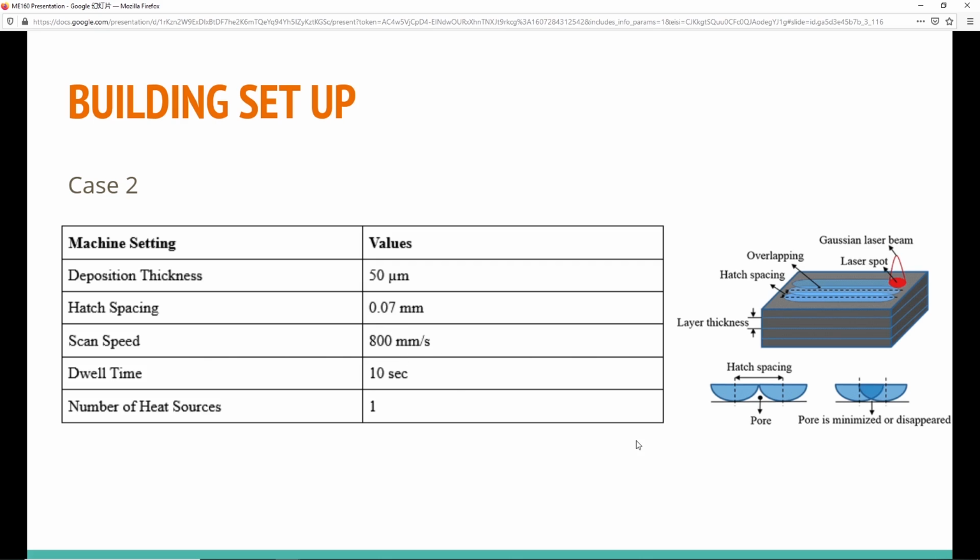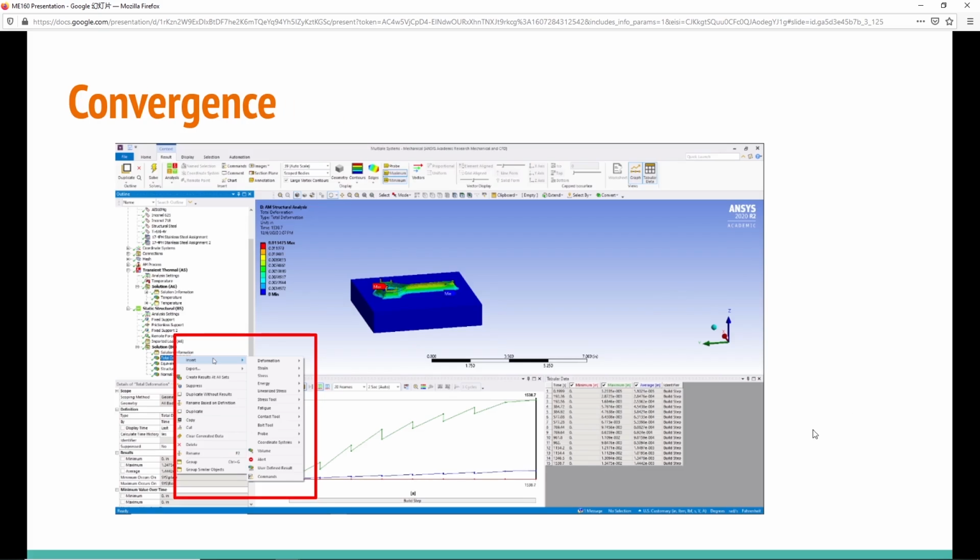This is the general setup table. Lastly is the issue we encountered during setting up our project. Basically, we wanted to include the convergence study at the beginning to determine the meshing size. However, we followed the structural analysis video in the lecture, where there should be a convergence tab under the insert after the solver is complete, but we didn't find it here.